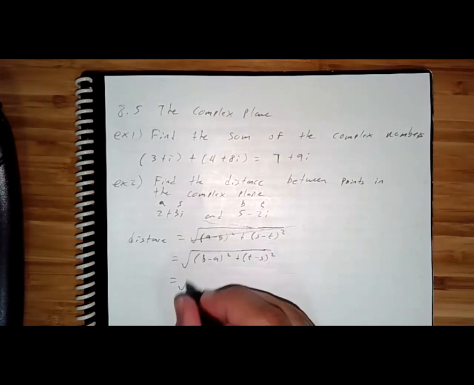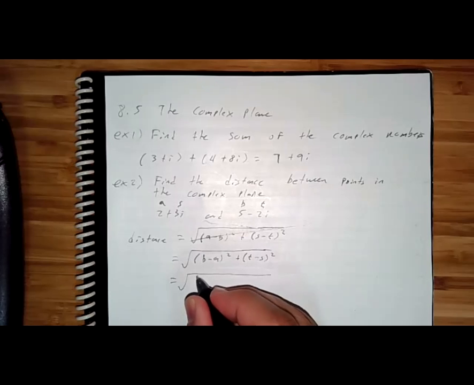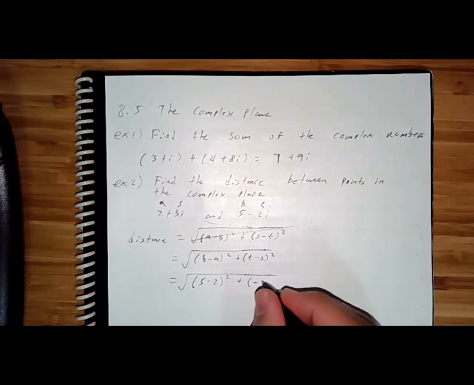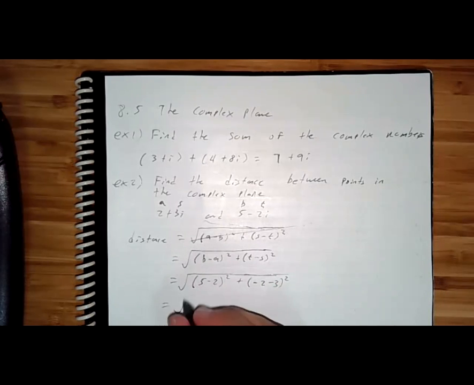So the answer will be 5 minus 2 squared plus negative 2 minus 3 squared. So 3 squared plus negative 5 squared, which will be the square root of 34.